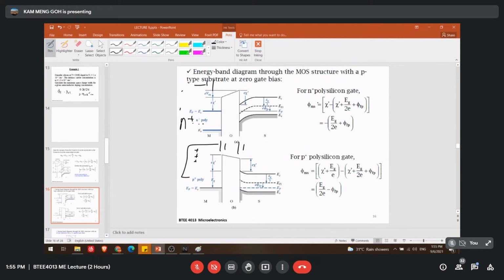The only difference is the negative sign over here. For the M plus, it will become Eg over 2E plus Fp. This one is Fp also, but the sign is slightly different. There's a minor difference.